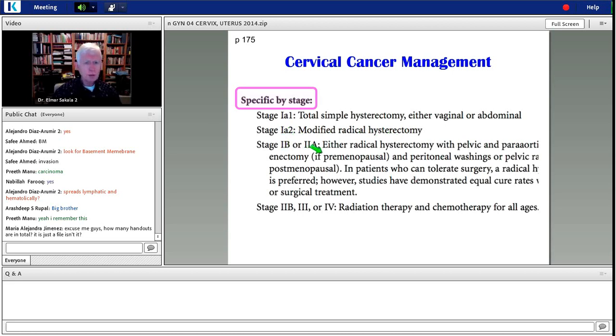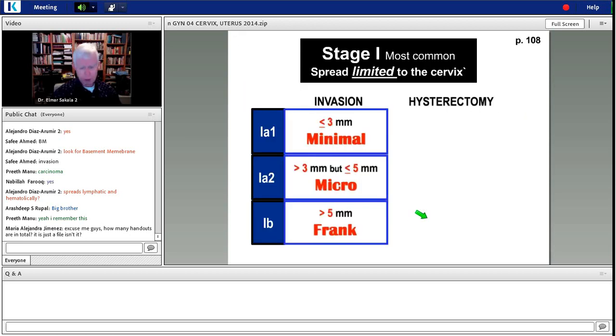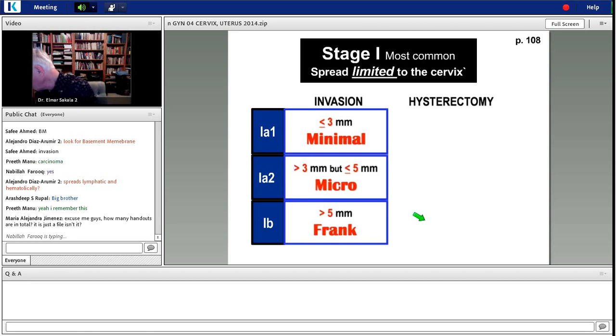Stage 1B or 2A can be either radical hysterectomy in a premenopausal woman or postmenopausal, you could do a radiation therapy. And if it is more than 2B, it's radiation therapy and chemo for all ages. This is on page 175 in your book.